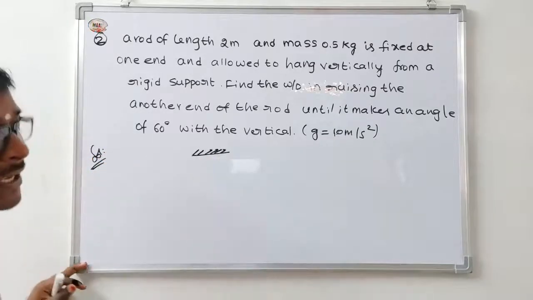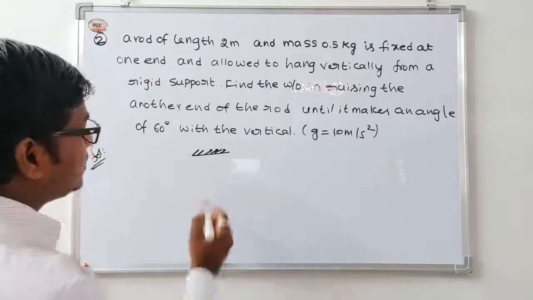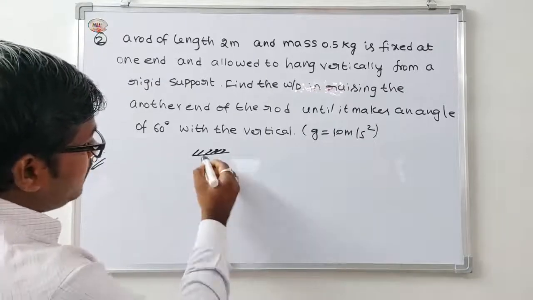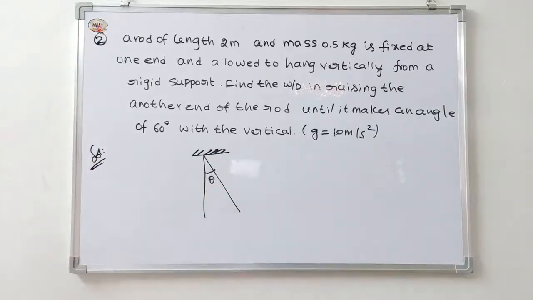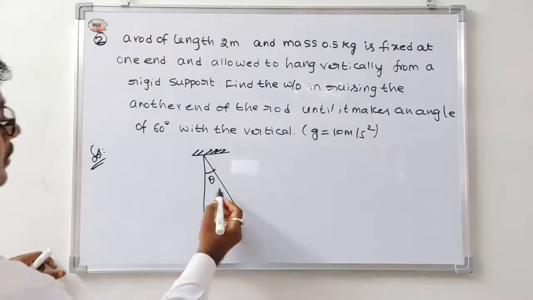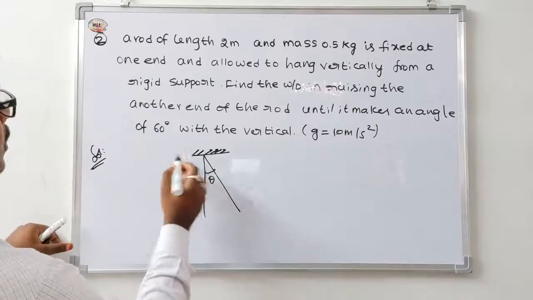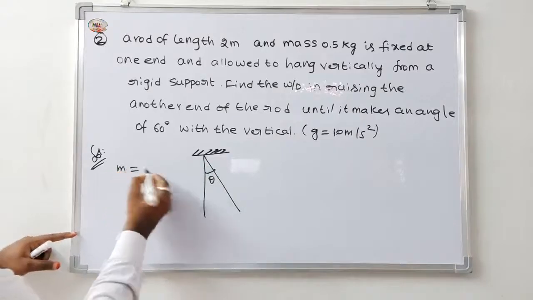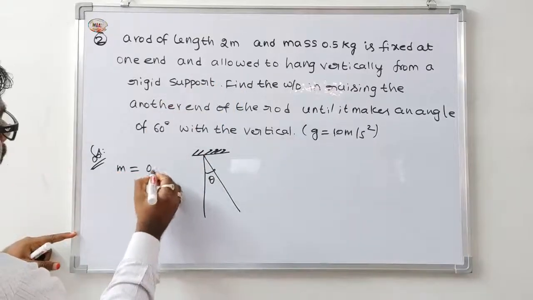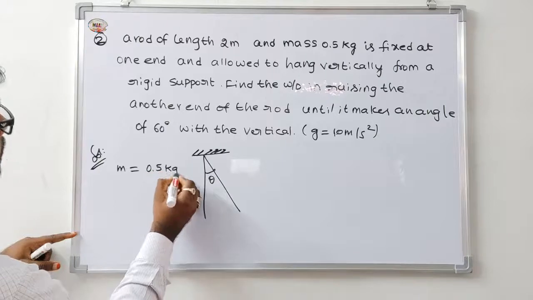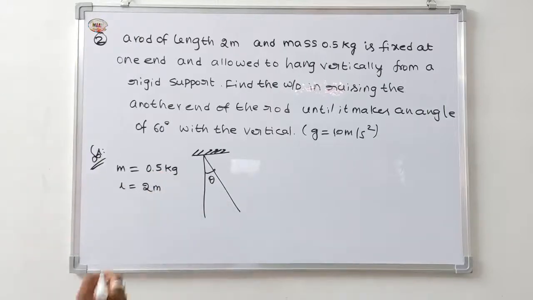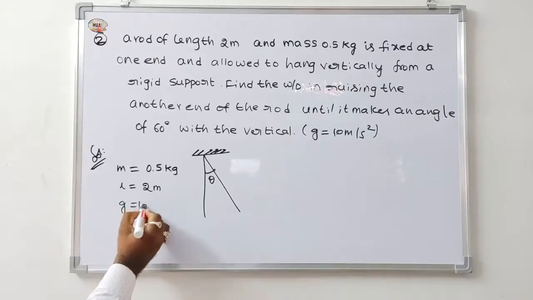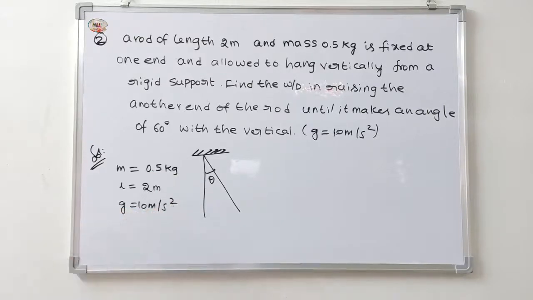So this is one of the applications of work done by a force. The rod makes an angle theta. Here m is equal to 0.5 kg, length is equal to 2 meter, and g is equal to 10 meter per second square.